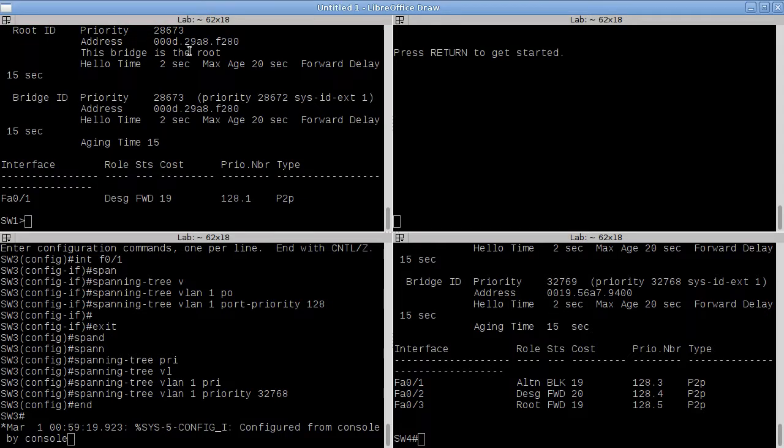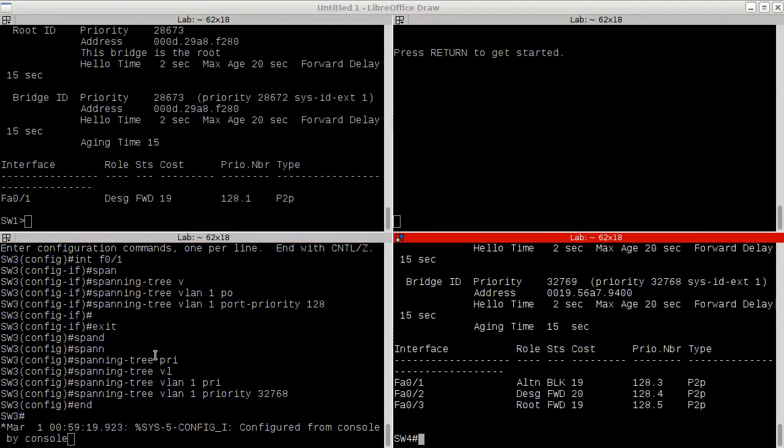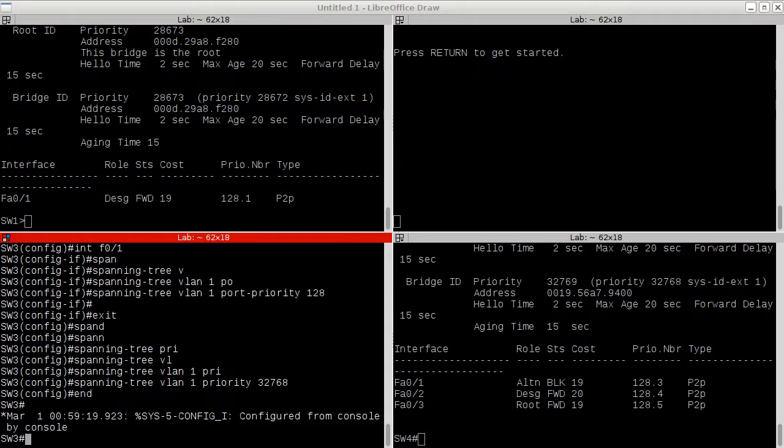Okay, so now we have this guy as the root, and this guy has an equal cost to the root. There's a link between each other. So the question now becomes which side of that link becomes forwarding and which side of that link becomes blocking.